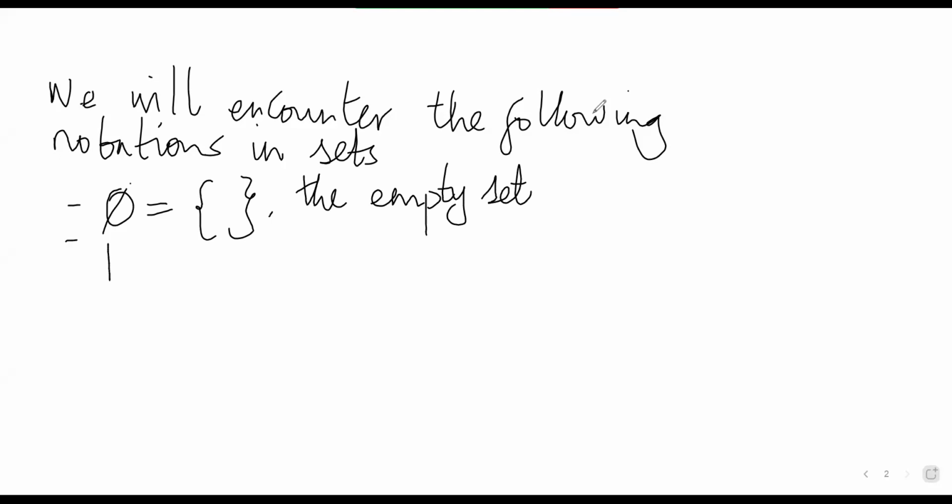And then we have that notation. So these are always written in Roman notation.